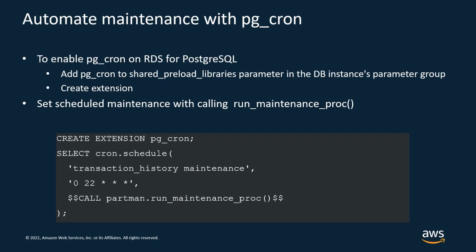To enable pg_cron on Amazon RDS for Postgres, we need to add pg_cron to the shared_preload_libraries parameter in the DB instance parameter group, and then create the pg_cron extension.